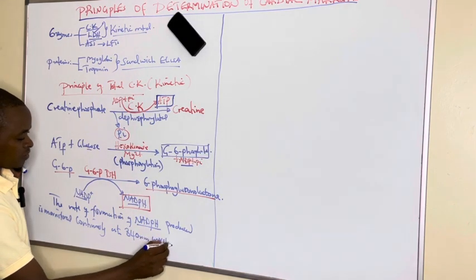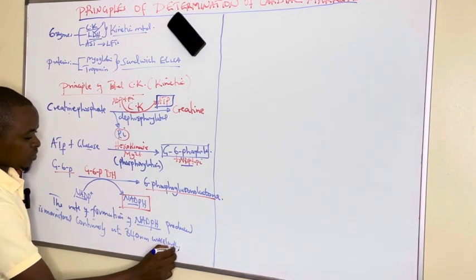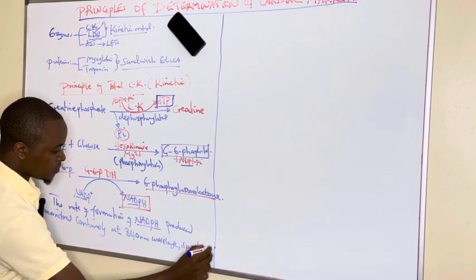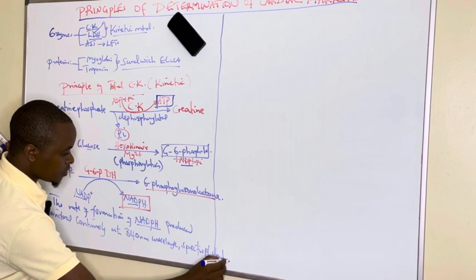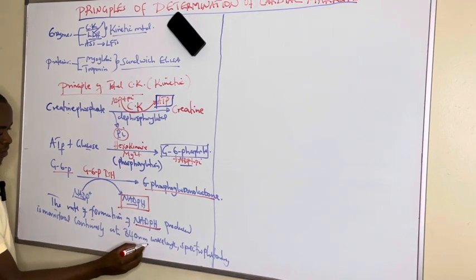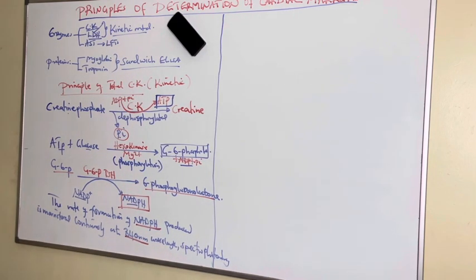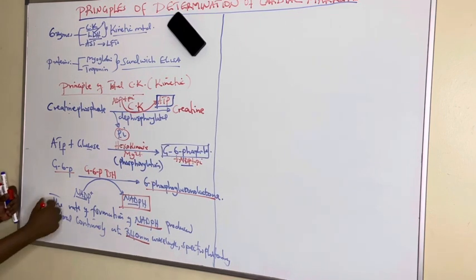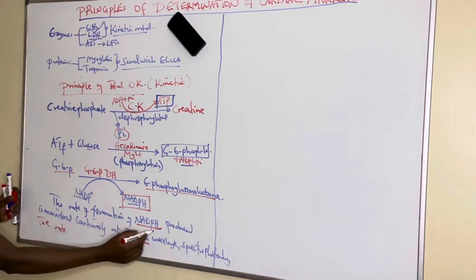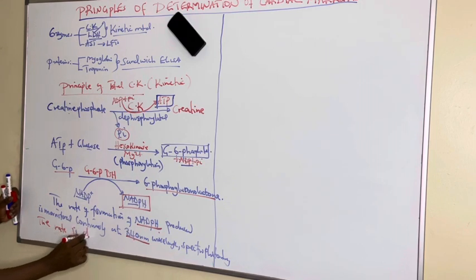We use a spectrophotometer to monitor the rate of formation of NADPH at this wavelength. Here we don't say the intensity, we say the rate of formation of NADPH is directly proportional.